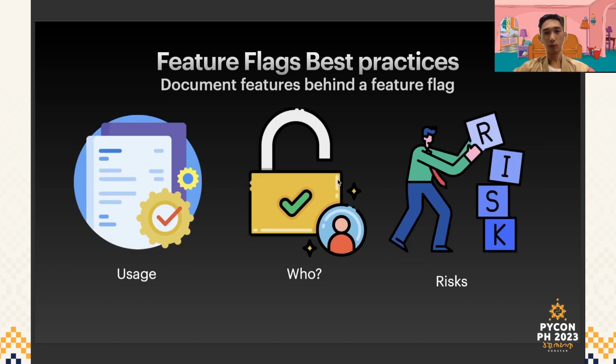And we also have to document the features behind the feature flag. So the usage, so where is the feature flag being used, what feature was implemented behind it, and who. So who can access the feature flag, who can enable or disable it, and who worked on the feature behind it, so that you can easily track the people that you need if there is an issue.